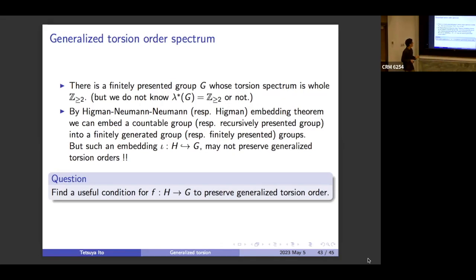So the last question is: assume that there is a map from H to Z. Is there a useful condition such that the map preserves generalized torsion order? Of course, if it is a retraction, then it preserves generalized torsion order. So I would like to know of any other useful condition.